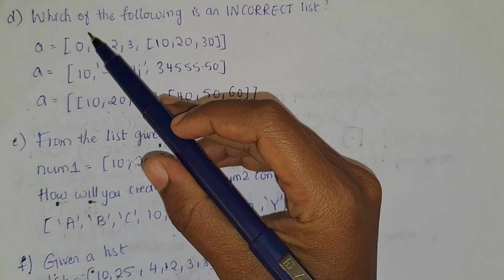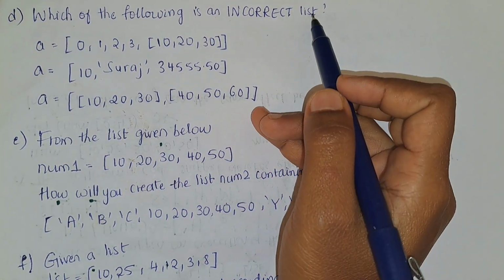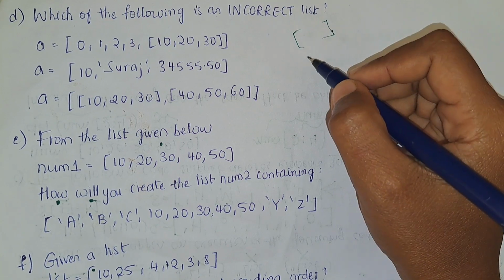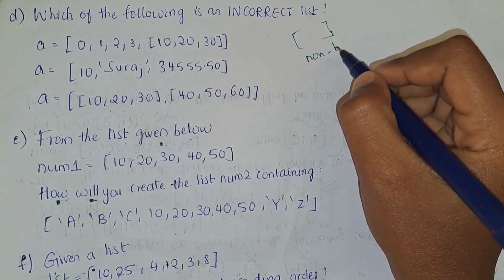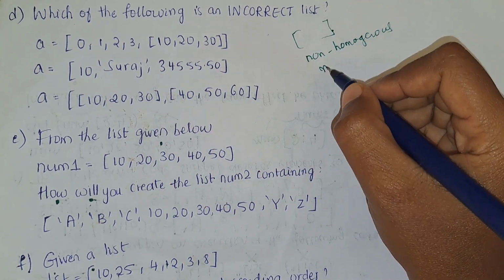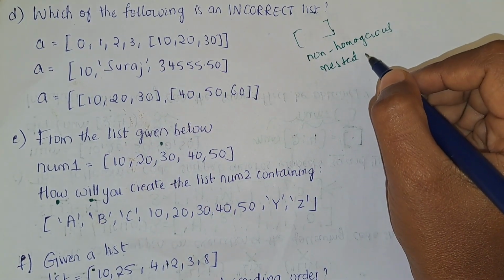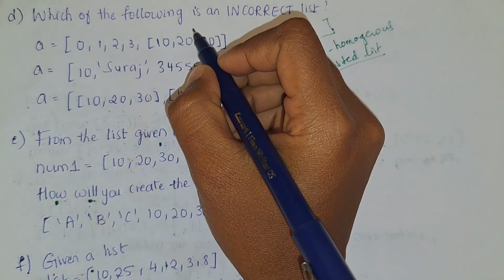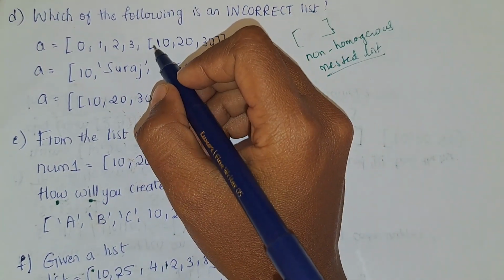The next question is, which of the following is an incorrect list? Basically, a list is denoted using square brackets, and we can store non-homogeneous data type elements also. We can also store nested list elements, that means you can store a list as an element in a list.